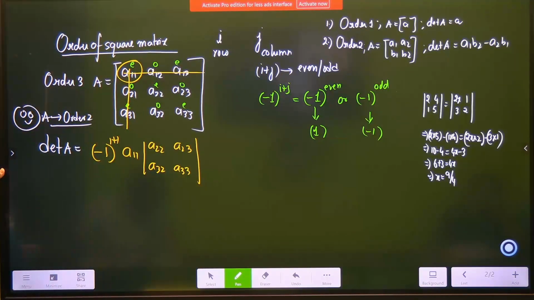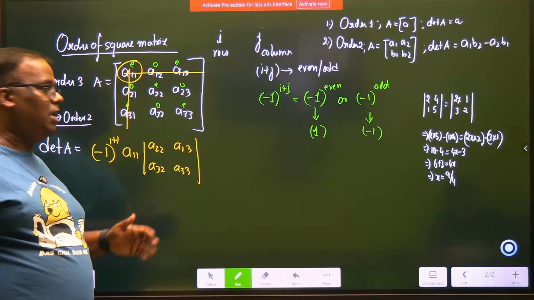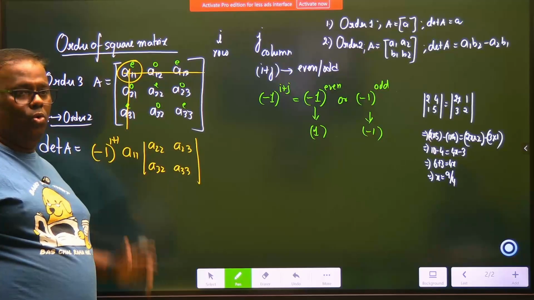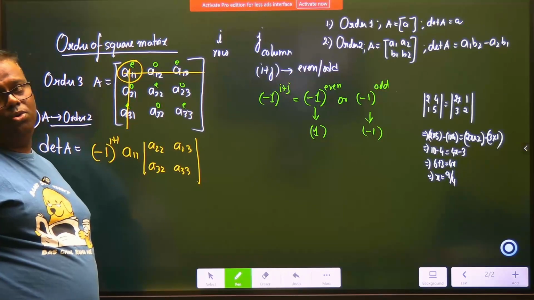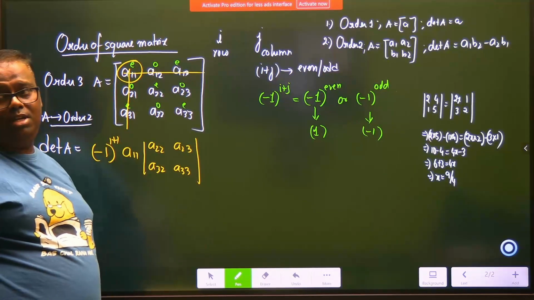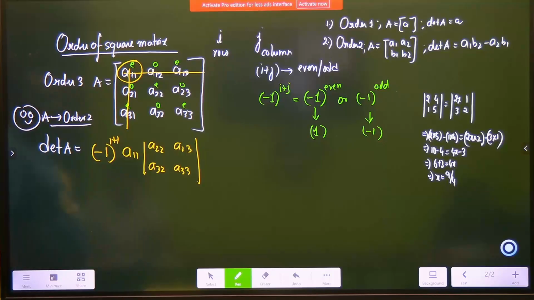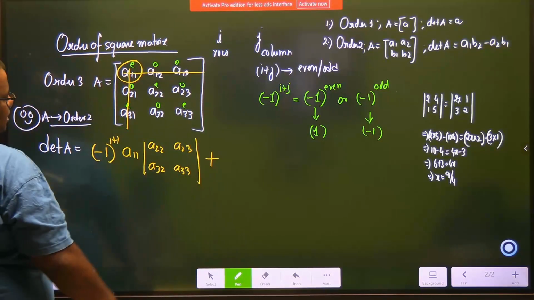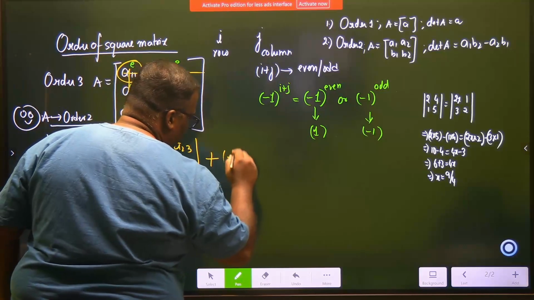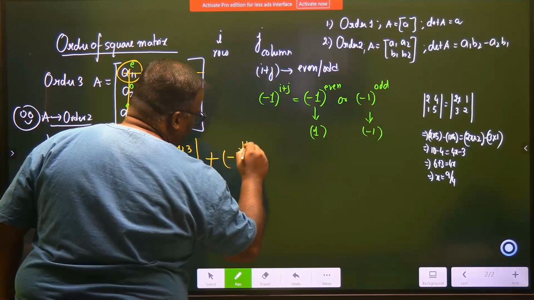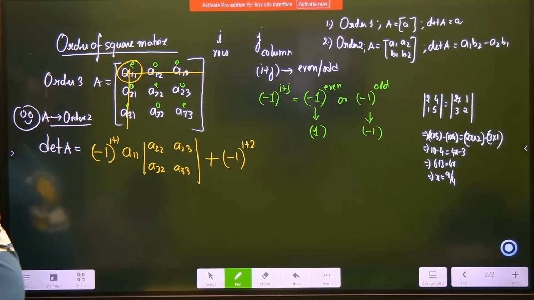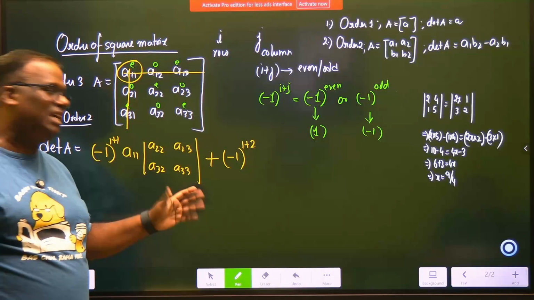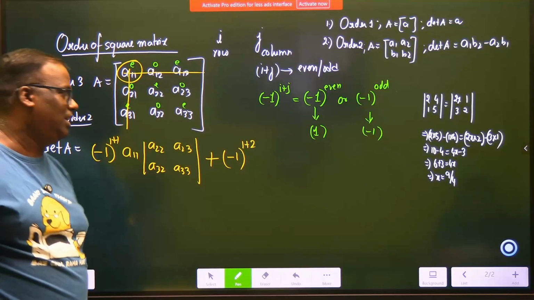Have we understood? Children, which way am I expanding it? I am expanding it by row. Which row? First row. So what should be my next element? A12, right? Then I add again a -1 to the power 1 plus 2, row 1, column 2. In the next steps onwards, you basically understand plus, then minus automatically.